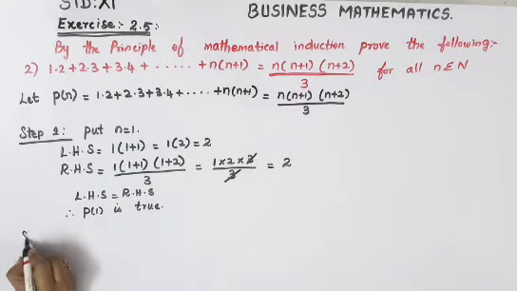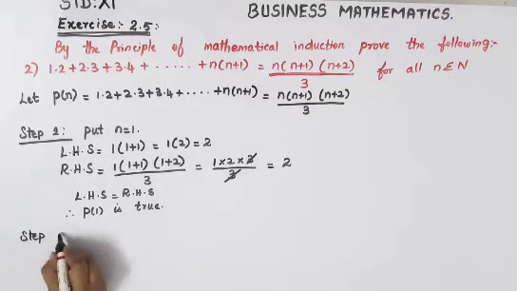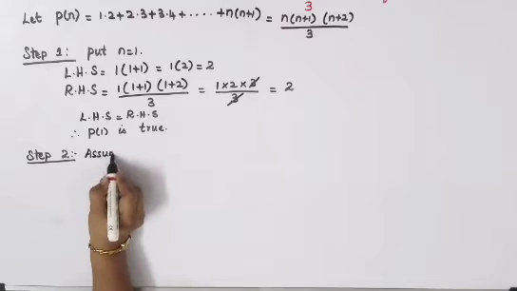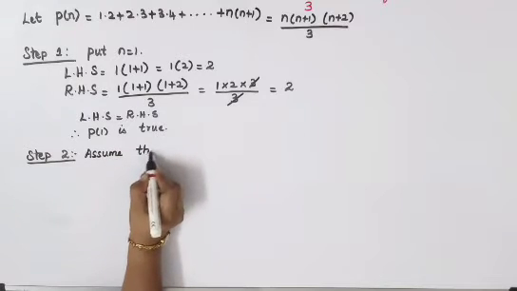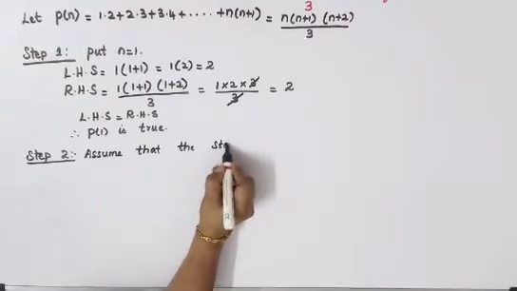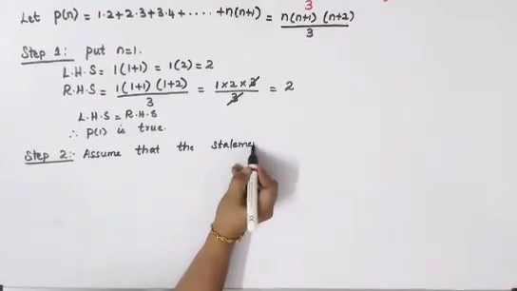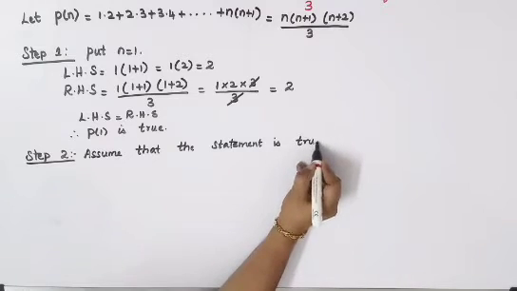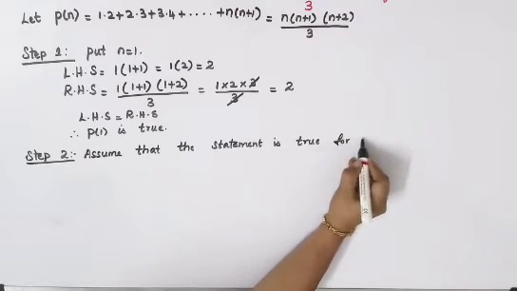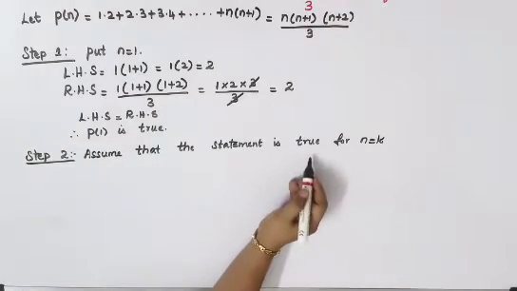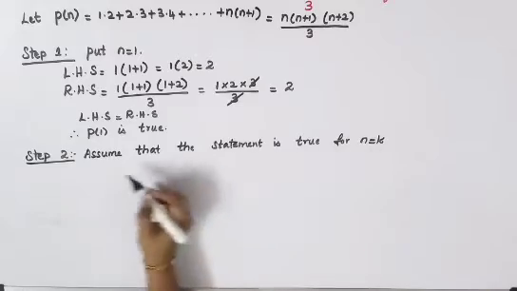Now going to your step 2. Assume that the statement is true for n is equal to k. So we'll just declare the answer, that is for n is equal to k, the statement is true.